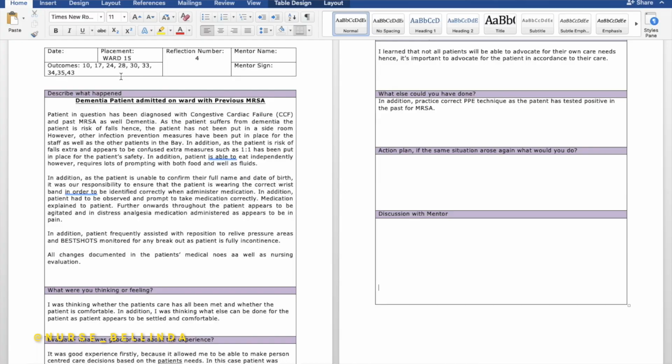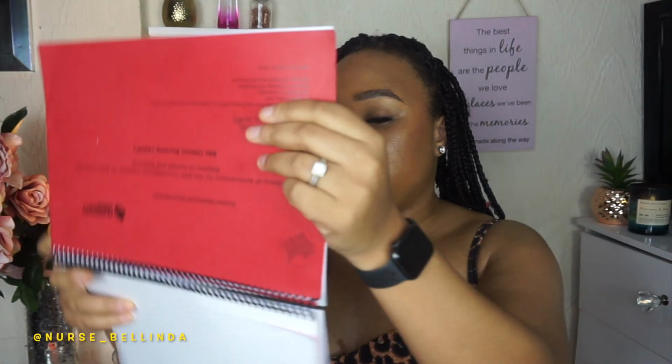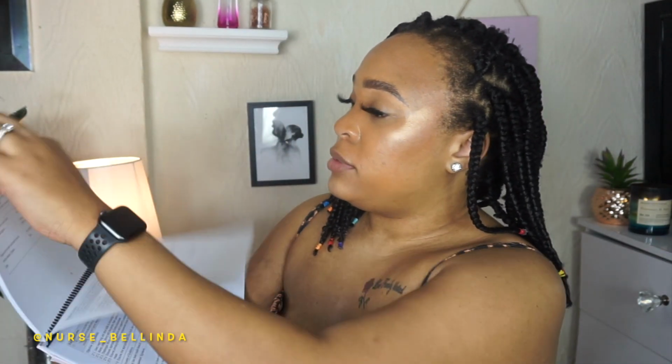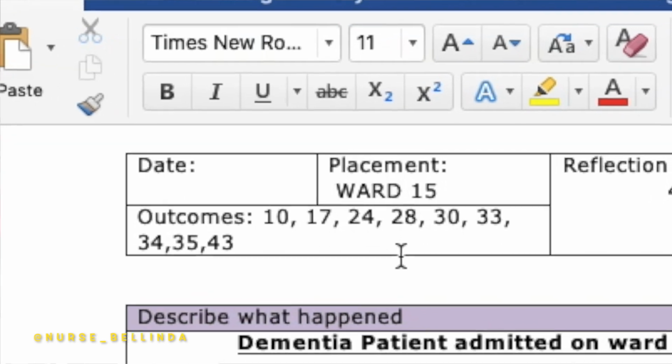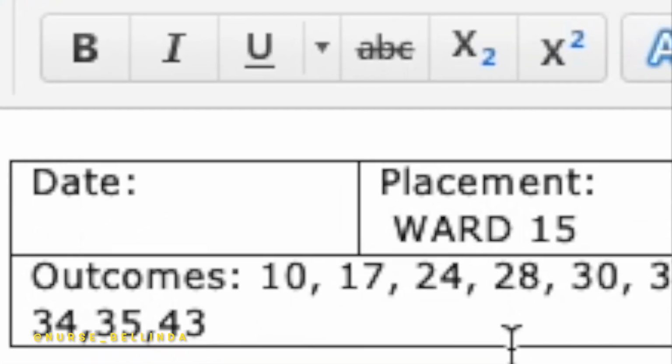Now in regards to my learning outcomes, we have this PAD book, practice assessment documents. With this assessment, like I said, we've got about 44 learning outcomes that we have to achieve. In this regard, I wrote down number 10. Let's go to learning outcome number 10.